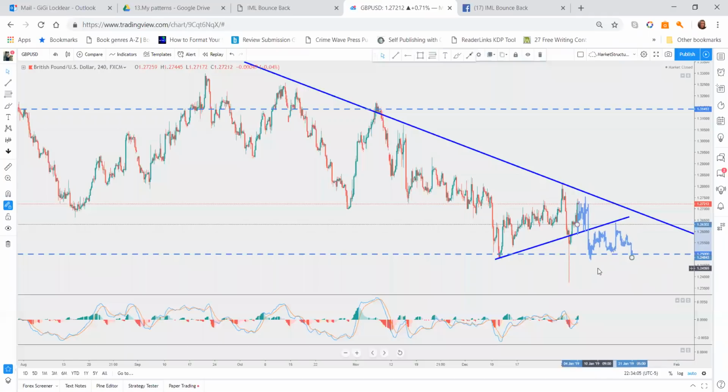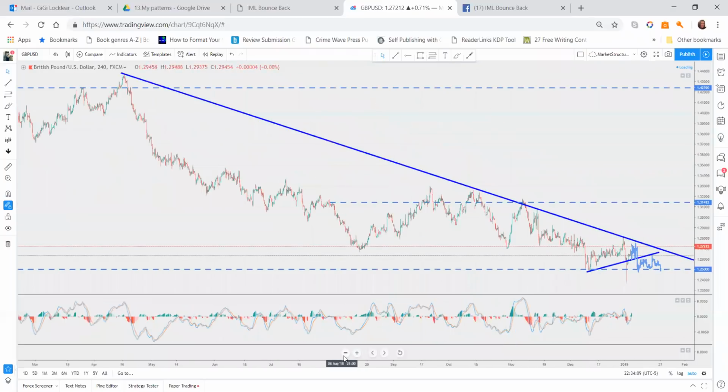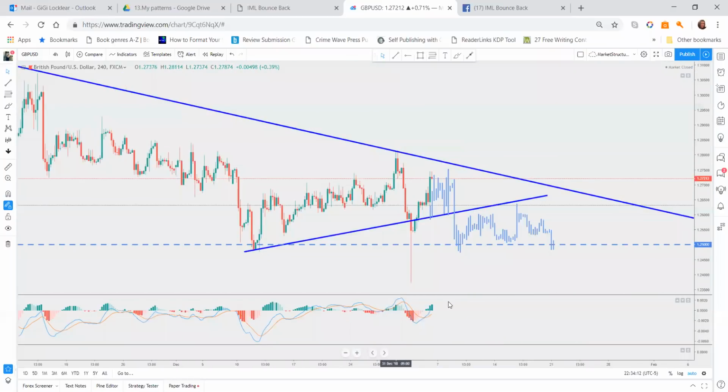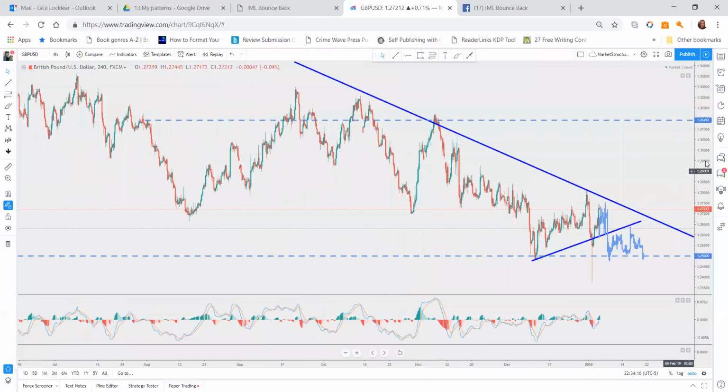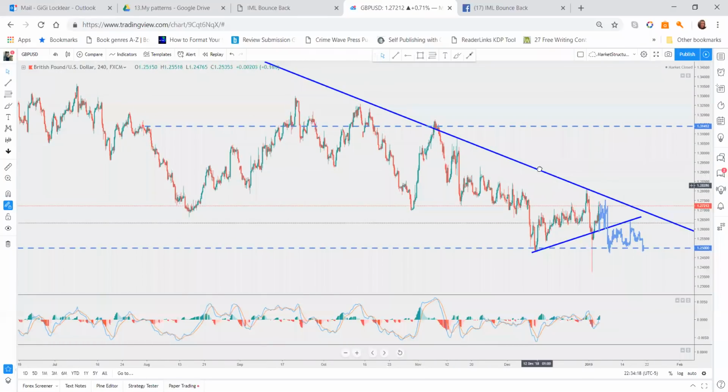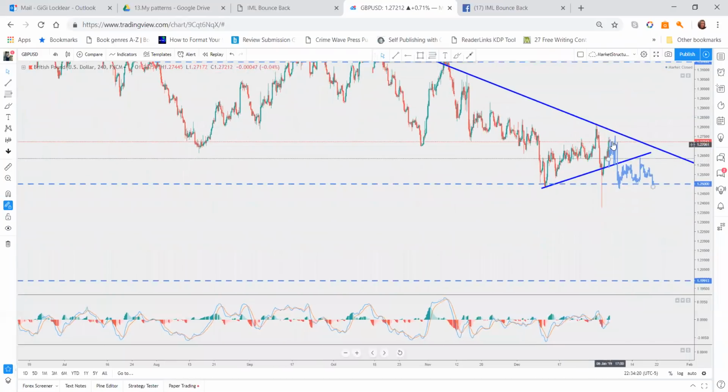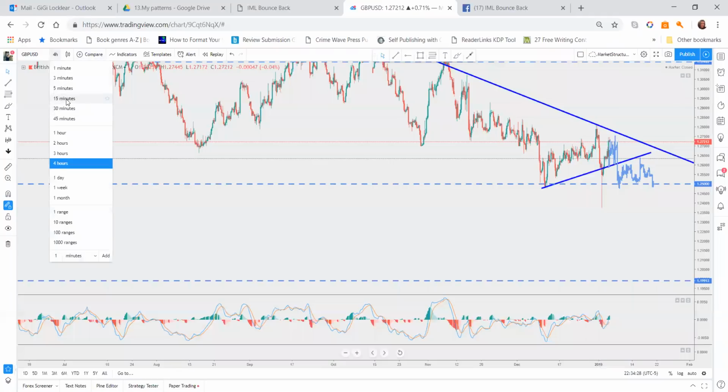And then sell it down to here. And that would be your first move. So you let your flag finish. If you want to wait till the break of the trend line, you can sell from here. If you want to catch it from the flag at the top, let it pull up here, and you would enter off your 15-minute.